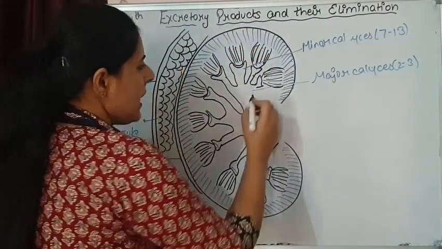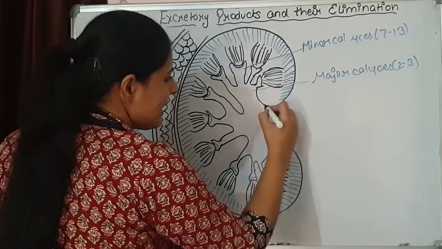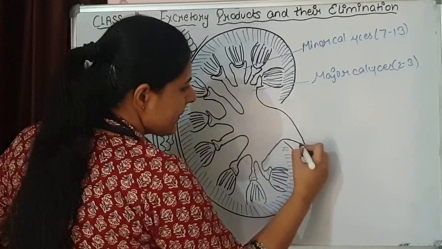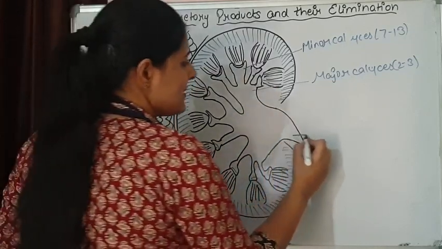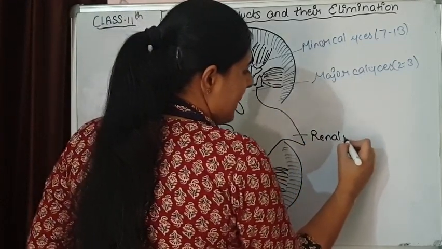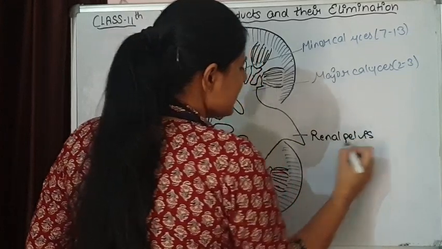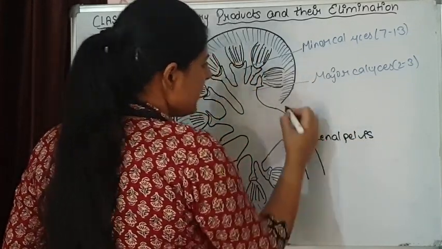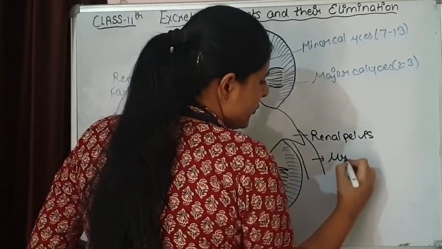These major calyces move out through the hilum, and the structure is known as the renal pelvis. And this renal pelvis finally opens into a long tubular structure, the ureter.